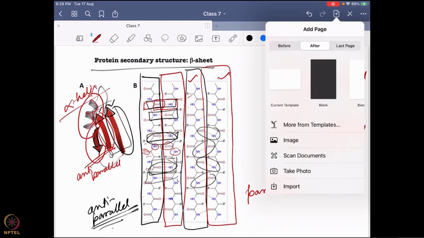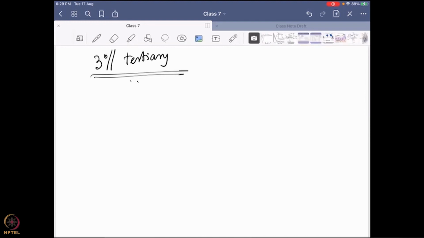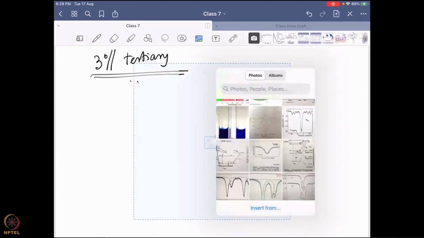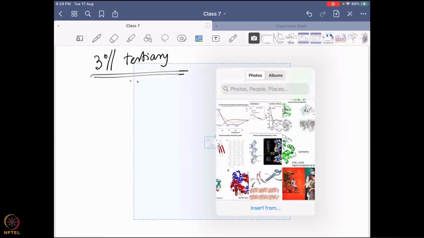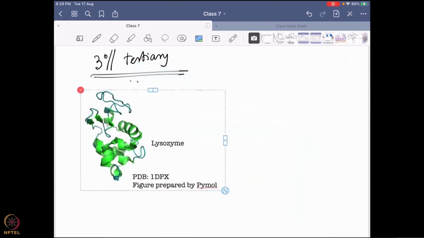And now, if I look into the actual protein structure, it comes to a 3-degree structure or tertiary structure. Because a protein is not only having alpha helix and beta sheet, but it can be a combination of a lot of things. So if I give you an example of that, this is a protein named lysozyme.